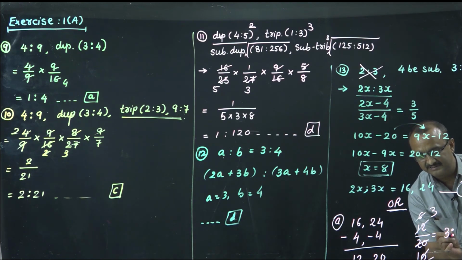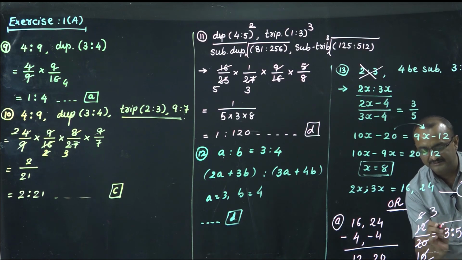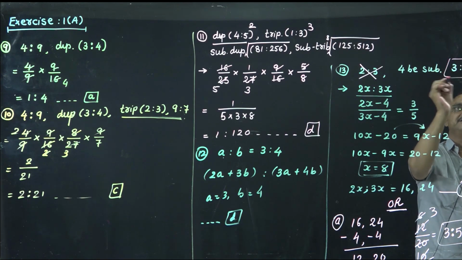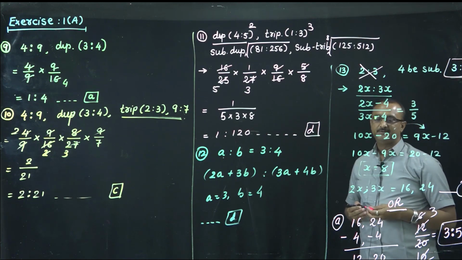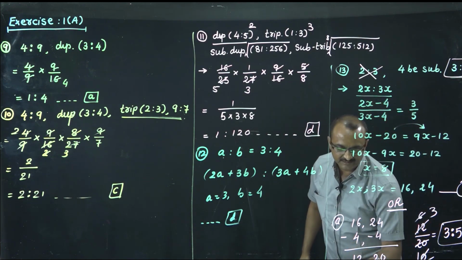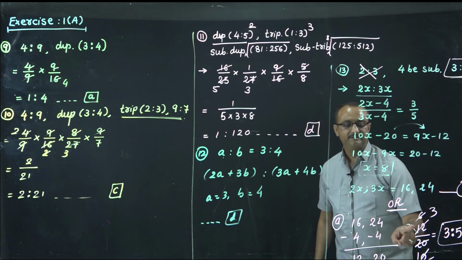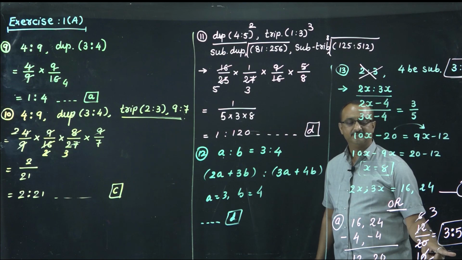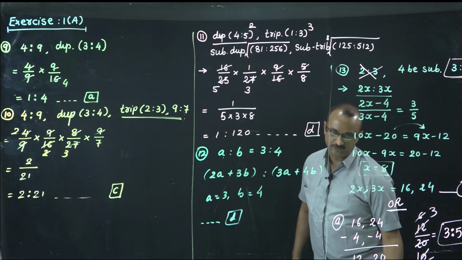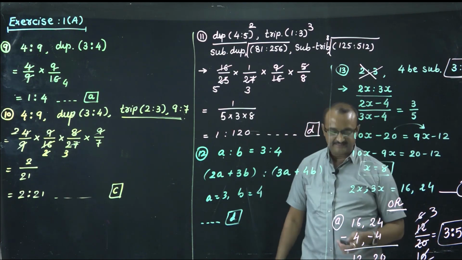The numbers are in the ratio 3:5. See, which condition is given? The numbers are in the ratio 3:5. So option A is correct. You can also try other options.